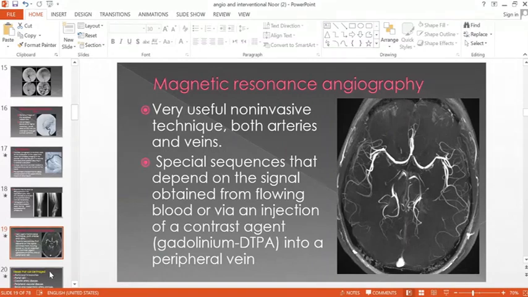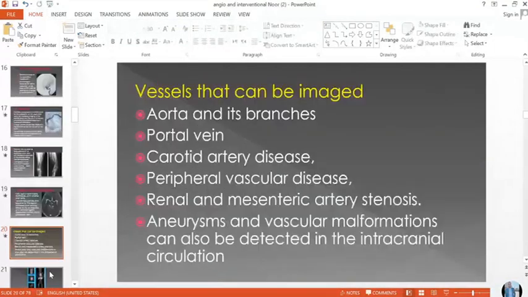We can rely on flow-sensitive sequences to obtain images, or an optional use of contrast agent, that's gadolinium, to increase the resolution and especially for imaging of the peripheral veins. So it can be done with contrast, it can be done without contrast.